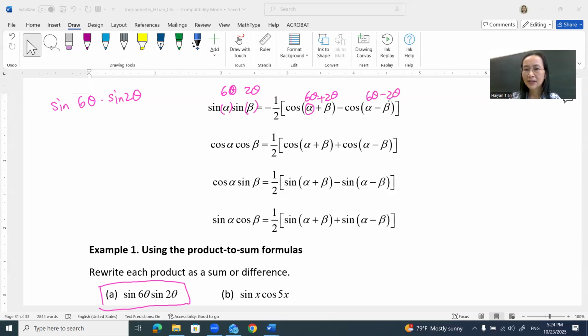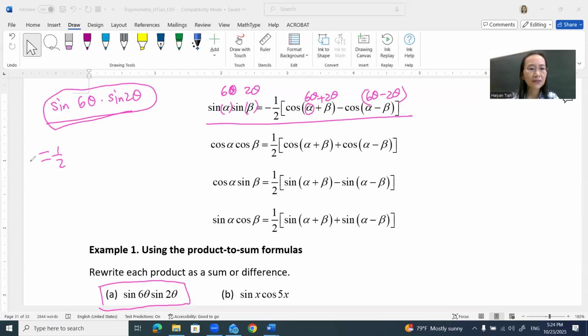Because the first identity is true for any alpha and beta, this is a very special case. So when alpha and beta are given as this, we just write this as half, or negative half.